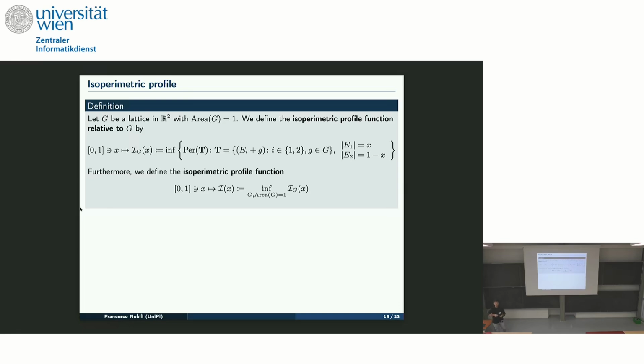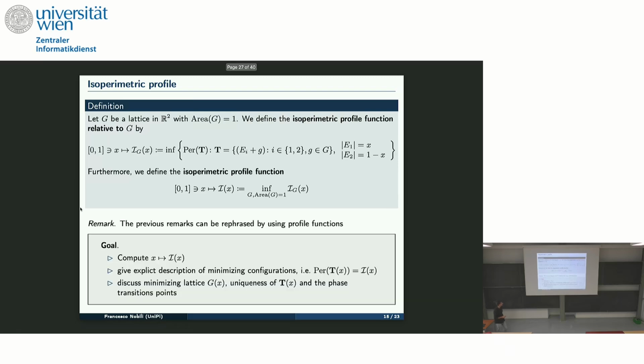So in a sense, you exchange area between the two as x varies. And then you further minimize among lattices, and this will be called the isoperimetric profile function, I of x. So now the goal is to compute I of x, to understand minimal configurations as x varies, minimal lattice structures, and uniqueness of the isoperimetric tilings.